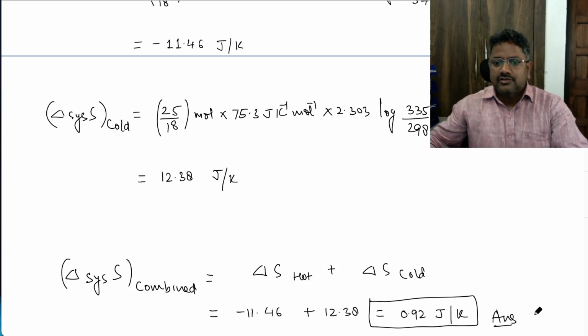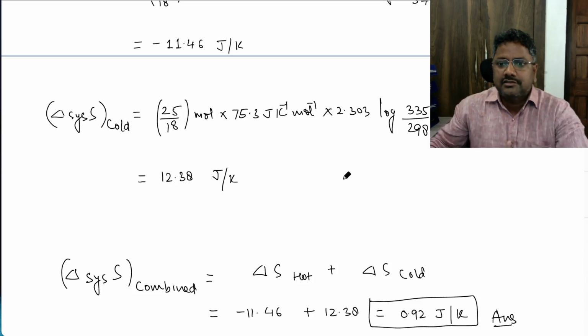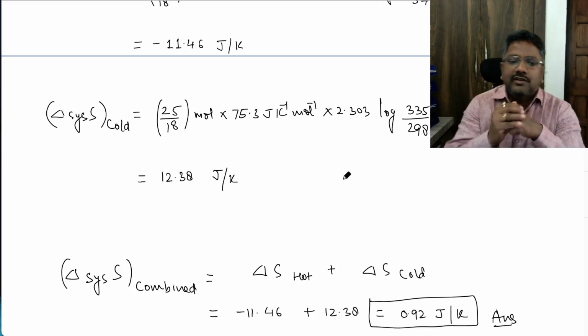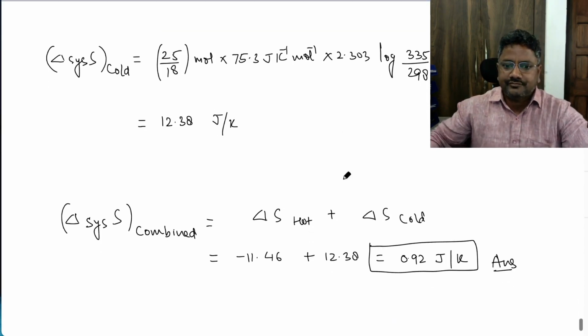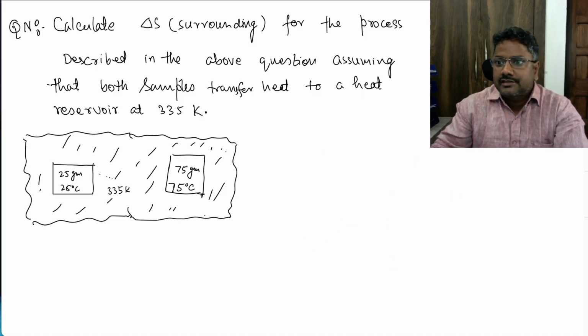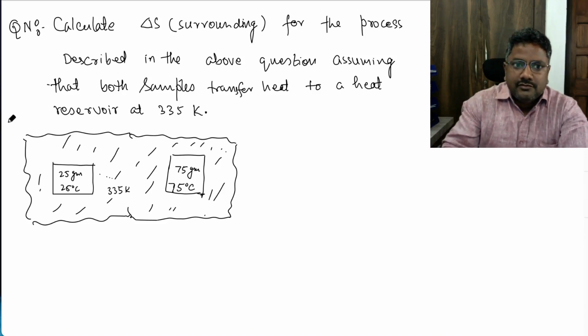Right? So in this way you can calculate the entropy change for the combined system and for the individual system, right? Now see another question, but there is some link with the previous question. So read the question carefully.